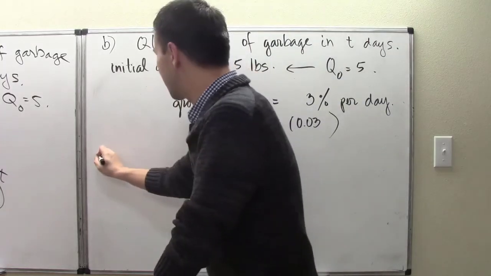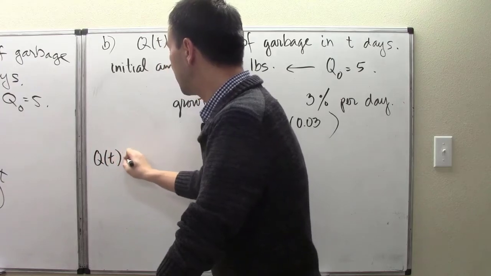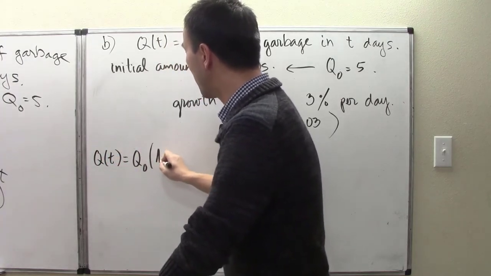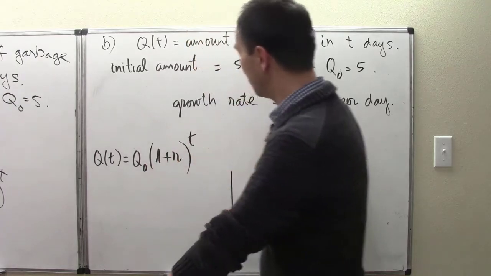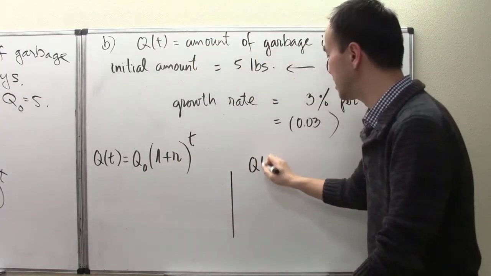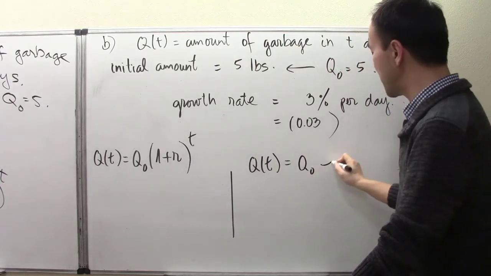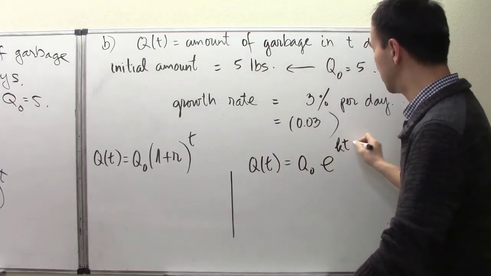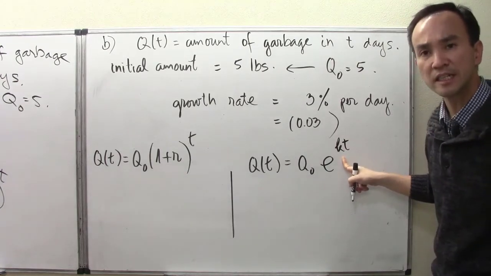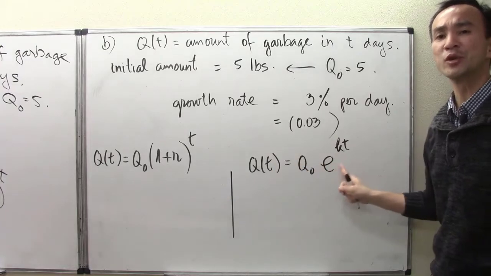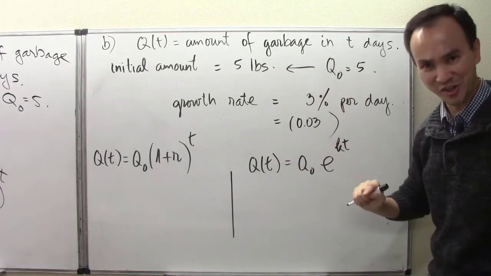Are we going to use this model, Q of t equals Q sub 0 times 1 plus r to the t? Or are we using Q of t equals Q sub 0, the initial amount, times base e raised to the kt power, where this k is called the continuous growth rate? Which one is the more suitable one in this particular situation?